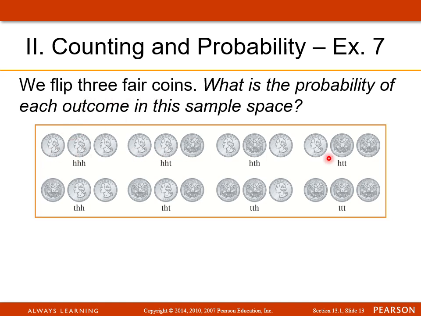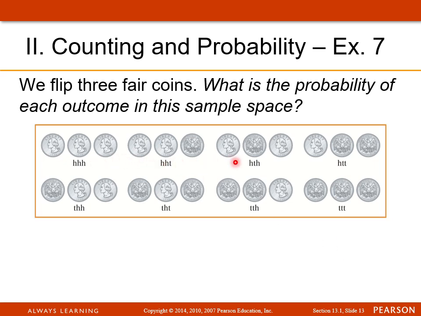Okay, and since we are doing 3 coins, here are our different possibilities. All 3 heads, heads, heads, tails, heads, tails, heads, heads, tails, tails, and then we have our tails, heads, heads, tails, heads, tails, tails, tails, heads, and tails, tails, tails. So again, remember 3 coins, that's the same as taking 2 to the 3rd power, which is 8.